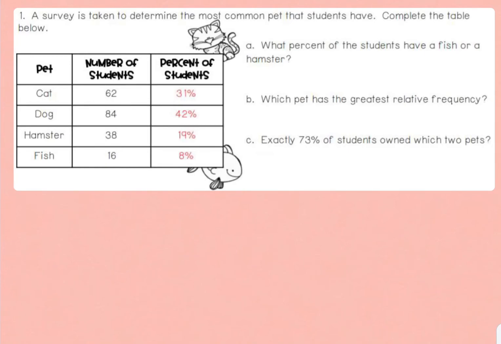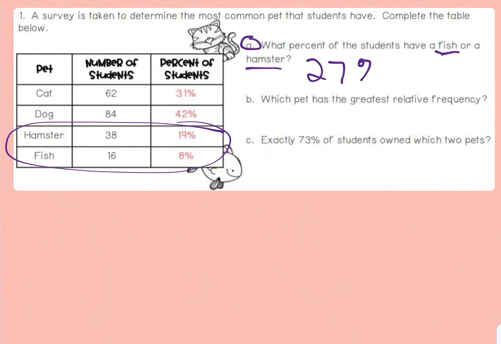So we have the percents here in our table, and we're going to answer 3 questions. The first one is, what percent of the students have a fish or a hamster? Looking at the table, we're looking at these percents right here, 19 and 8. When you add 19% plus 8%, you get 27%. So 27% of students have a fish or a hamster.